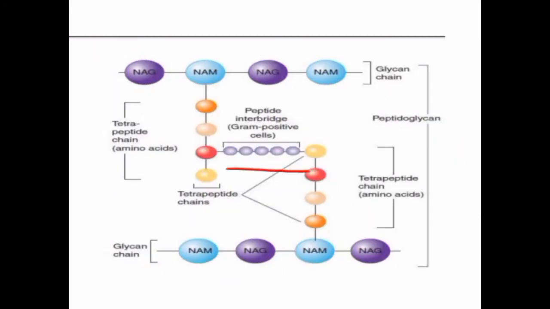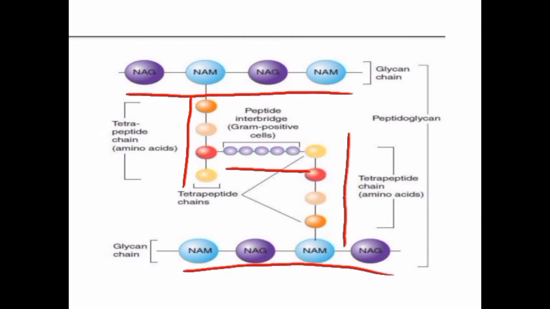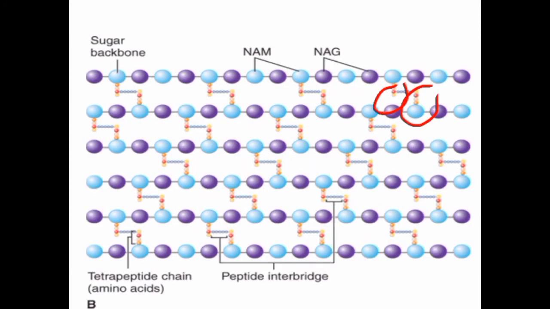This is the peptide interbridge between two tetrapeptides. So we have learned that the sugar or carbohydrate backbone, which is made up of alternating NAM and NAG, is connected by tetrapeptides that are further cross-linked. In this way, the two backbone chains are connected and form an interwoven network that surrounds the entire cell.